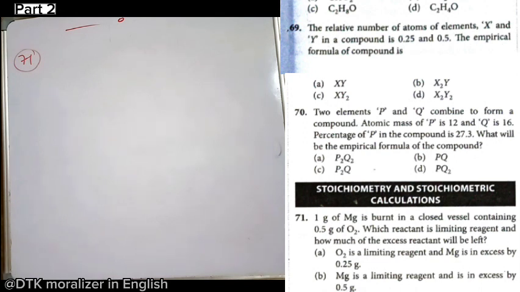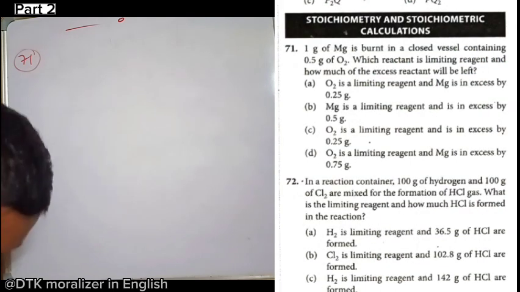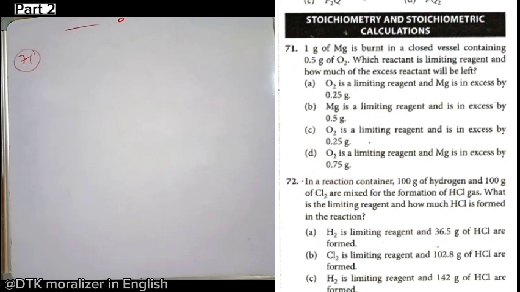Now question number 71. 1 gram of magnesium is burnt in a closed vessel containing 0.5 grams of oxygen. Which reactant is the limiting reagent, and how much of the excess reactant will be left?